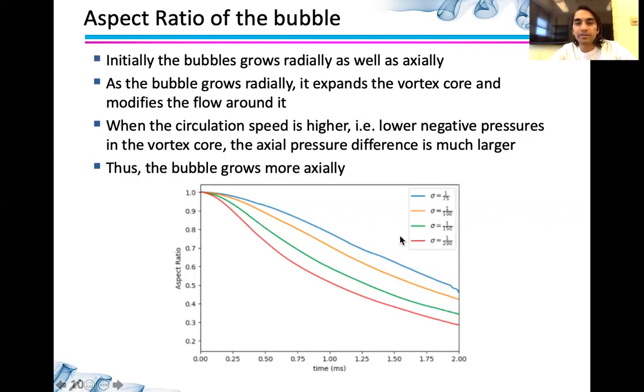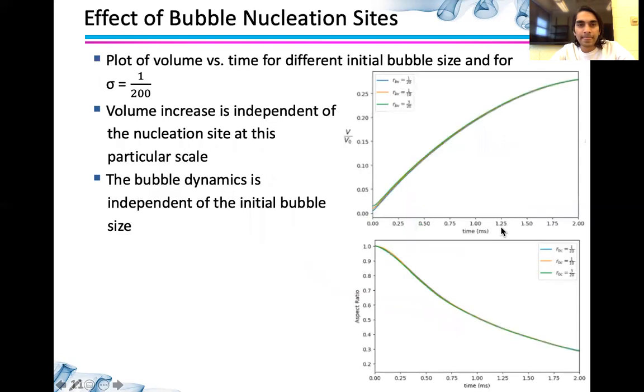And again, in all the cases, the growth in the axial direction is much more, which is why the aspect ratio is less than 1.